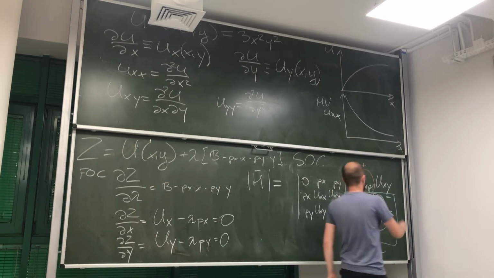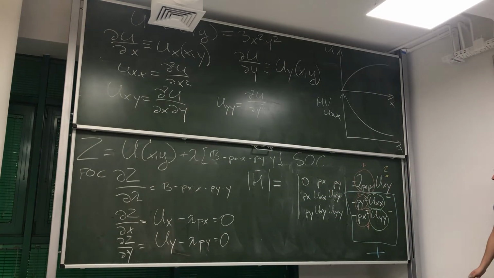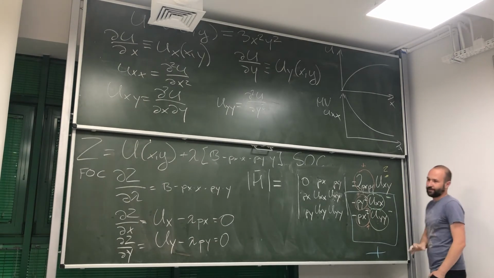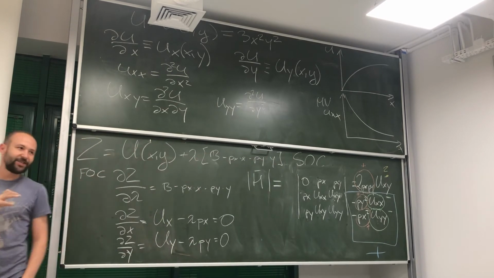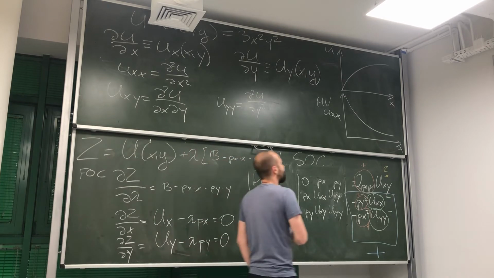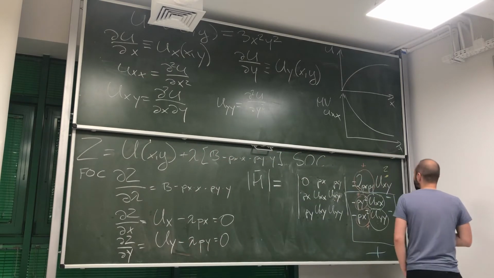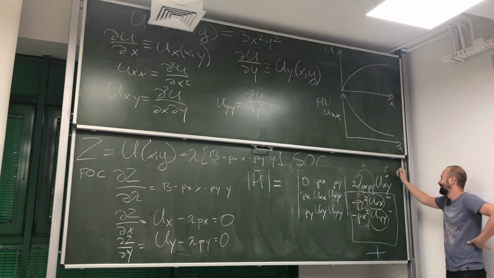is this. We don't like this expression. Why don't we like it? Because we don't know. Look, this expression captures a relationship between the two variables. It captures complementarity and substitutionality between the two goods.